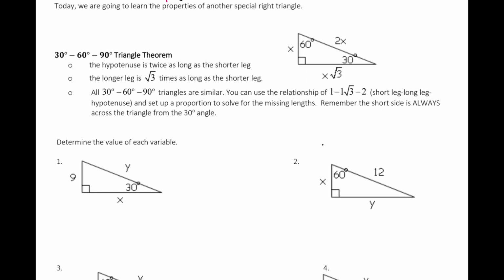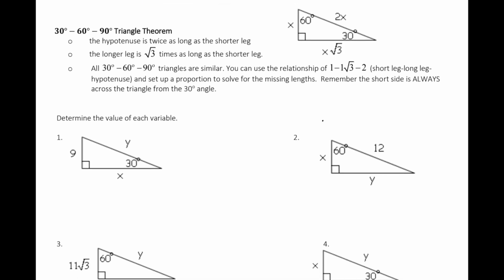So let's talk about 30, 60, 90 triangles, which have a slightly different pattern. As you have probably guessed by the name, we have different angles now. I've got 30 degrees, 60 degrees, and then a right angle for 90 degrees. The side across from 30 degrees in the most common rendition of this triangle is 1. 1 is across from 30.